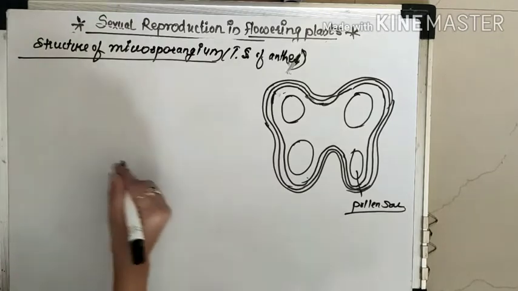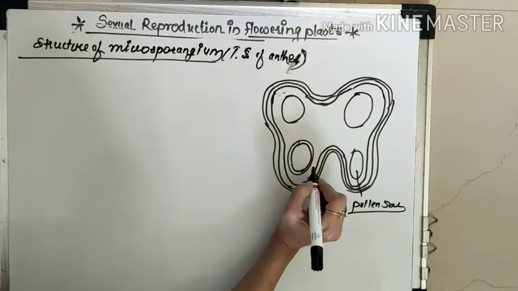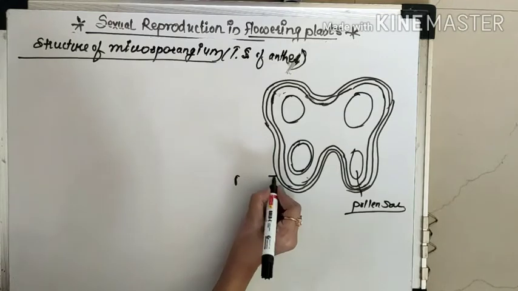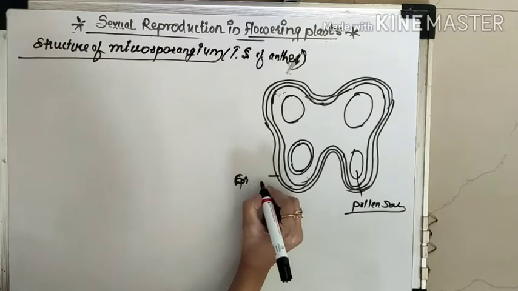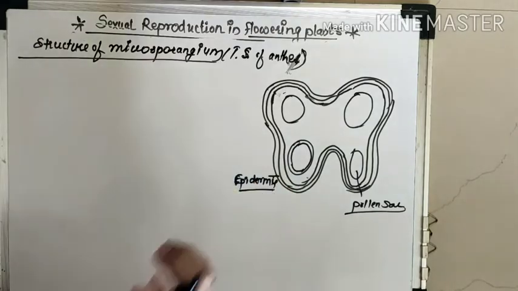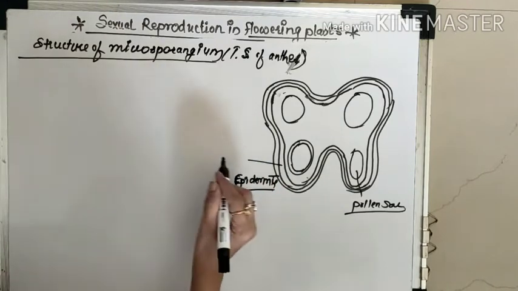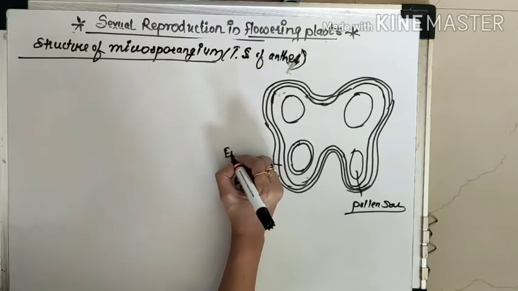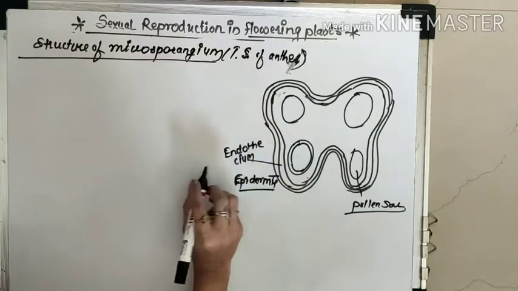Now you can see this outermost layer is called the epidermis. The second layer is called the endothelium.